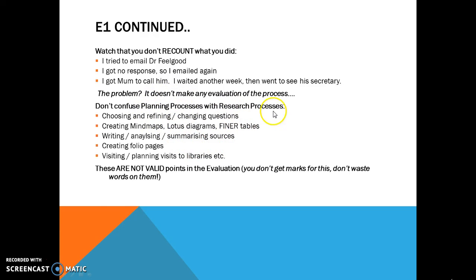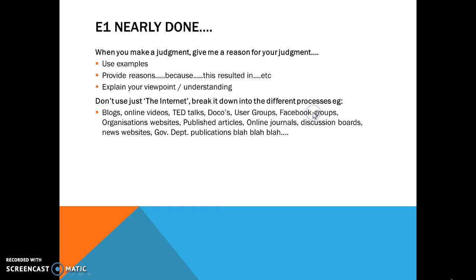It's not about a research process. Finding the actual sources themselves, that's a process. Creating folio pages and planning visits to libraries, etc. are all about planning processes. They are not about the research processes, so they're not valid points in your evaluation. And if you don't get marks for them, don't waste words on them.